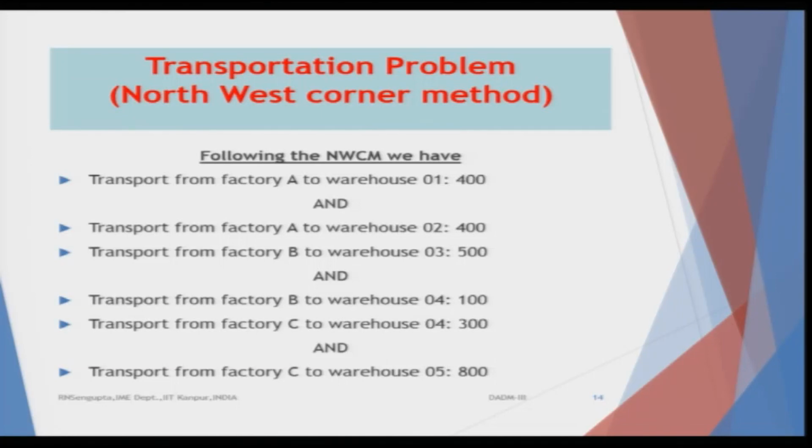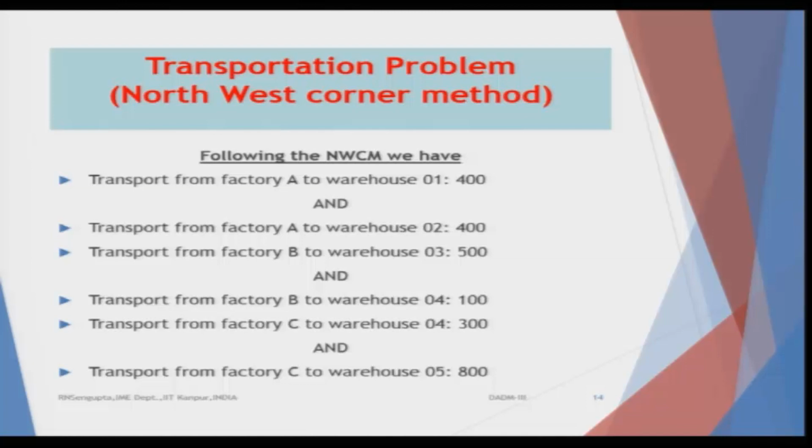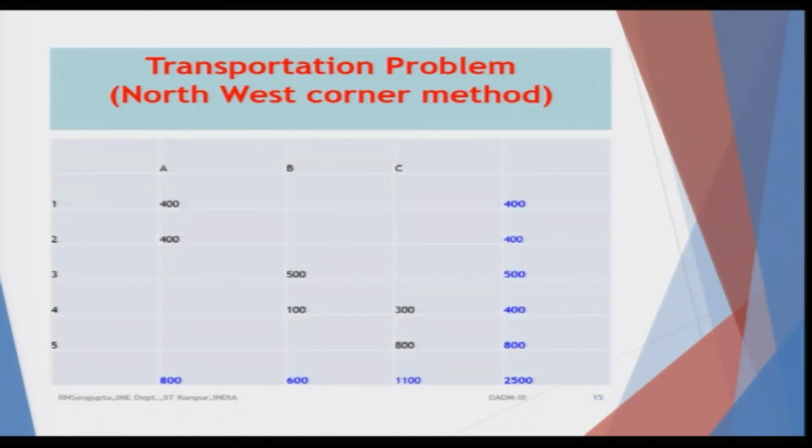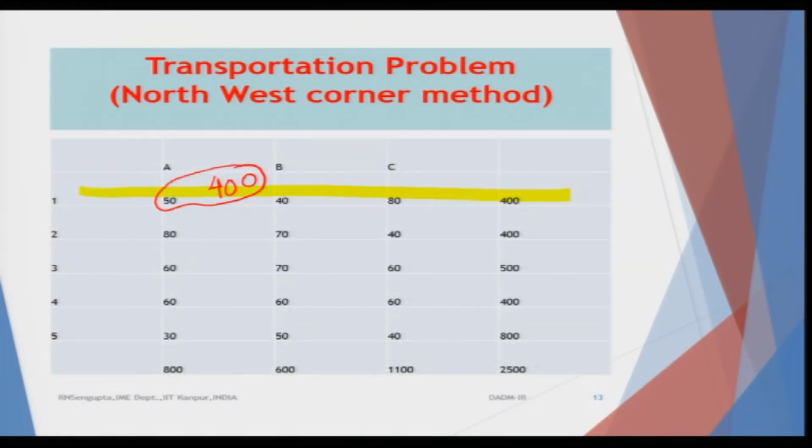Now, why I am coming to the answer, you will understand automatically. Now, you will come to the transportation from factory A to warehouse 2, which is 400 now. Now, there is a conceptual change. Technically, you would have been tempted to transport all the goods to the fifth one for 400.